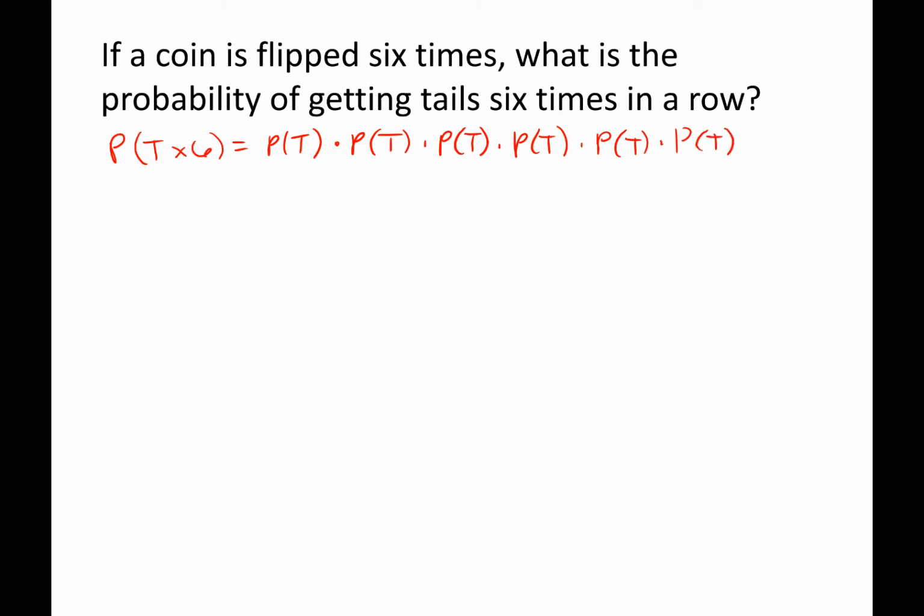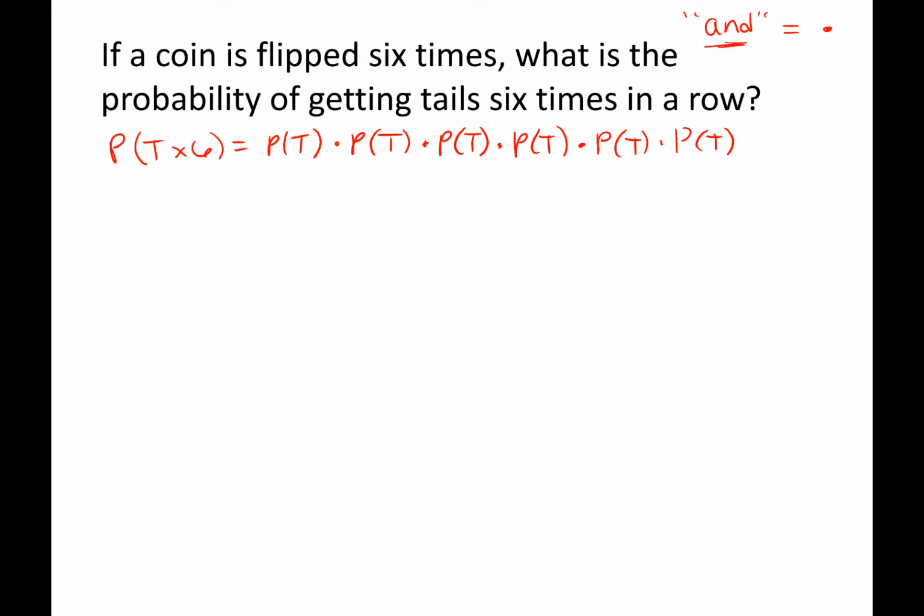Yay. So on this one, it is multiplication between your probabilities because this is an and problem. And when we have that idea of and, it means multiply. Okay, so it's and because we flip a coin and then we flip a coin and then we flip a coin. So you see that and in there.